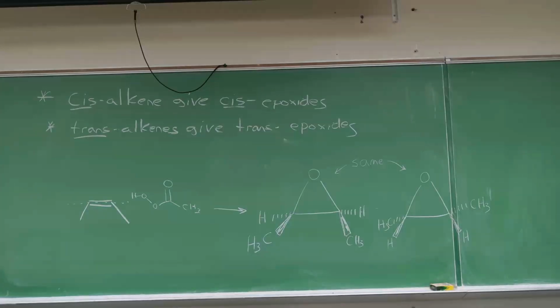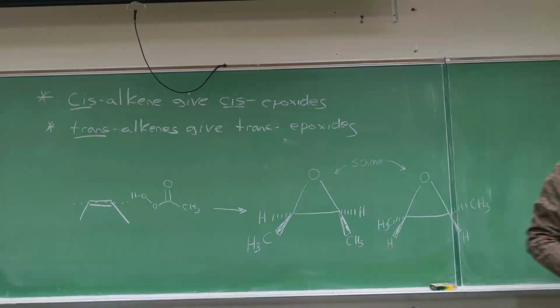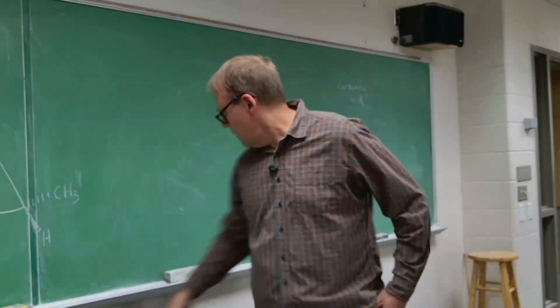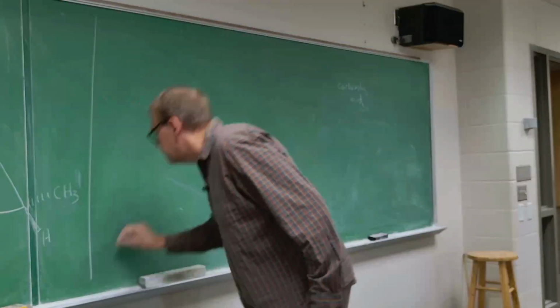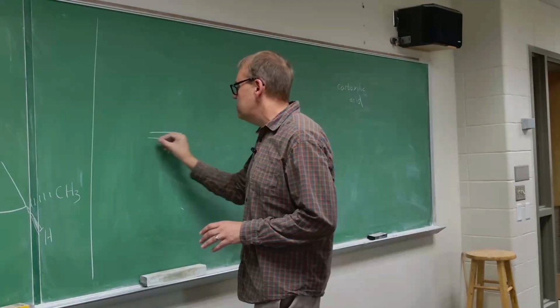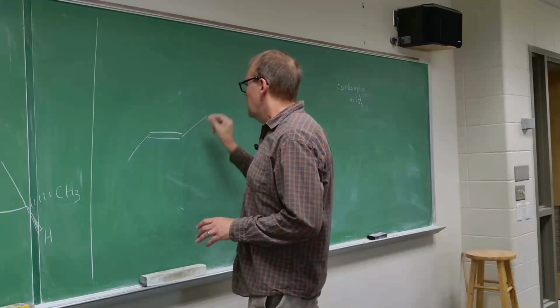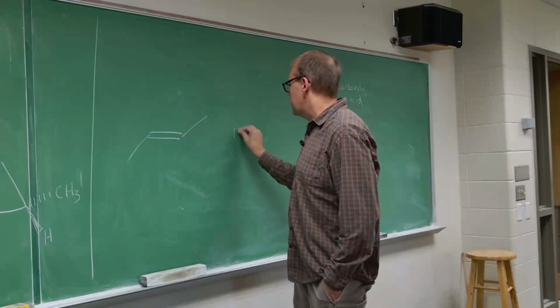Now let's take a look at what happens if you do a trans alkene. For simplicity, I'll use the same 2-butene, but I'm going to use trans 2-butene, and I'll put in the same peroxy acid.